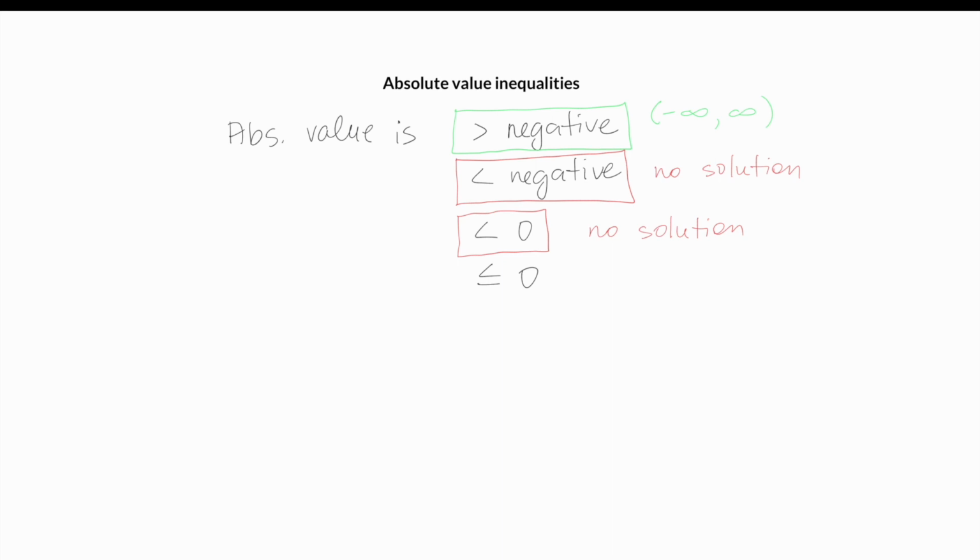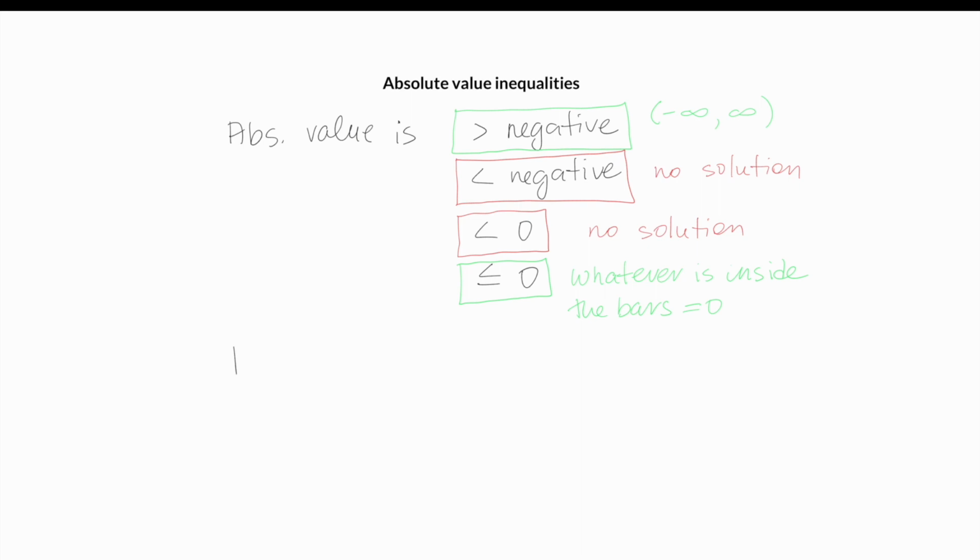Finally, if the inequality suggests that the absolute value is less than or equal to 0, there will only be one solution. And to find that solution, you take whatever is inside the bars and make it equal to 0. Well, let's look at a few examples.